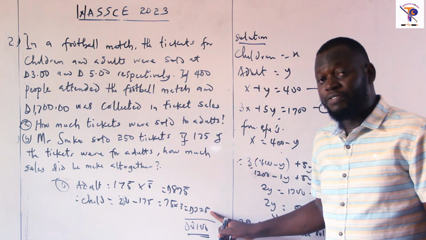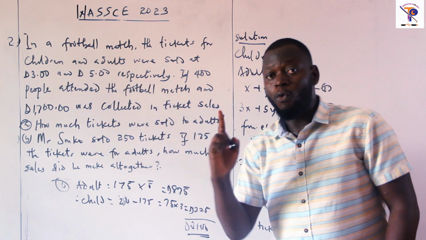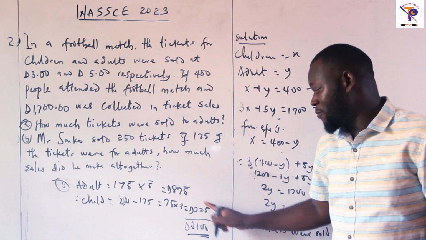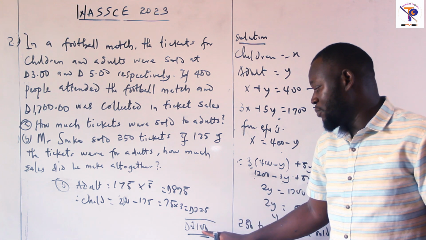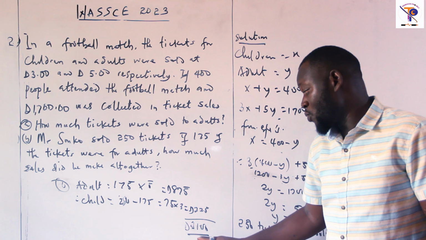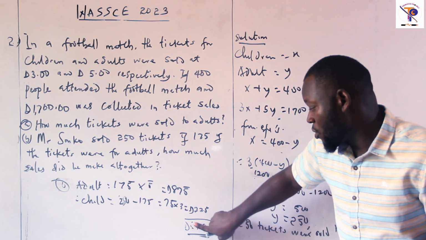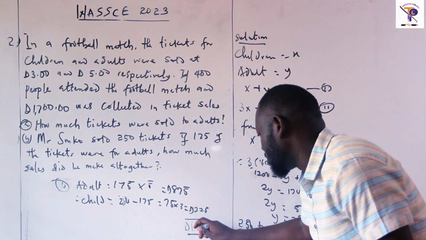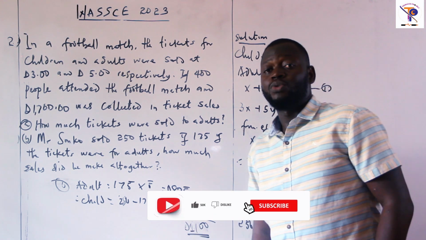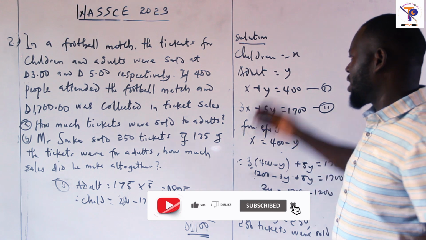So we have 225, and by 5 for one adult, so we have this. Adding the two together, 5 plus 5, 0. This is 9 plus 1, 10. This is 8 and 2. That's 10 plus 1, 11. So that gives us 1,100, and that's why we have 1,100. That's all for this question.